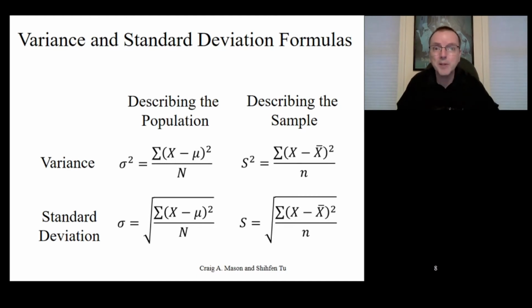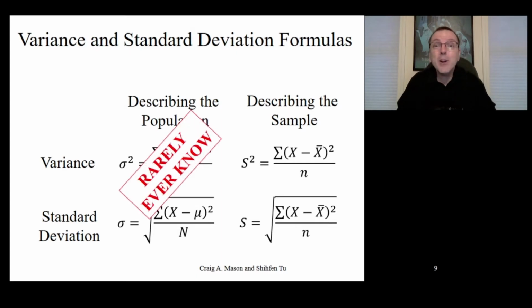We're just describing them. But in reality, we rarely ever know this. We rarely have data on the entire population. So while we may be very, very interested in sigma and sigma squared, we typically can't calculate them exactly. So this situation rarely applies.